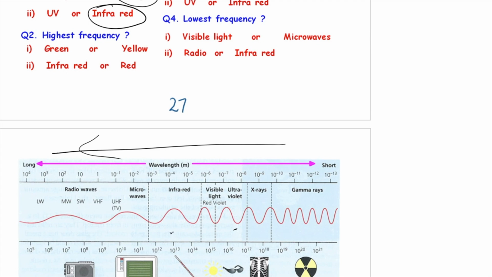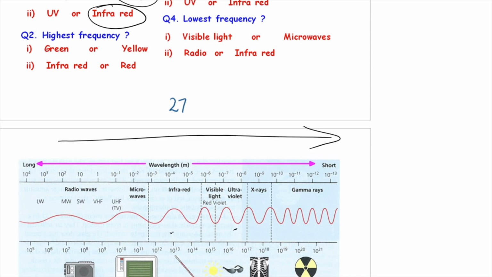High frequency. Now with frequency, the further you go to the right, the higher the frequency. So the more you go that way, the higher the frequency. Green or yellow? Well, if you remember, within visible light you've got Roy G. Biv: red, orange, yellow, green, blue, indigo and violet.